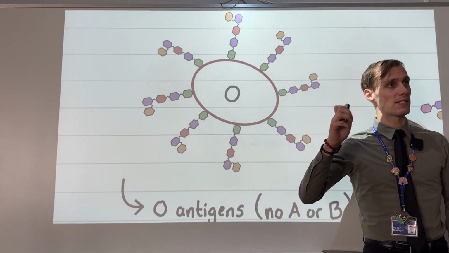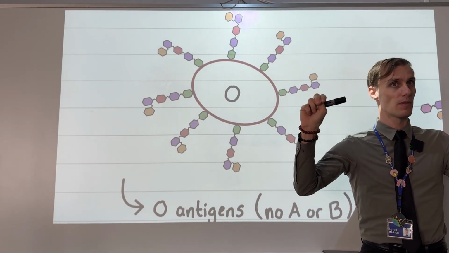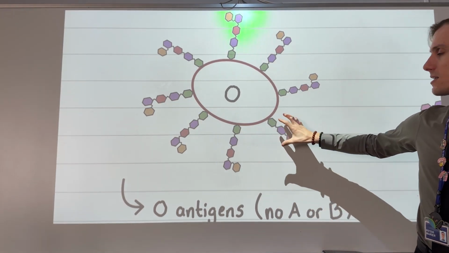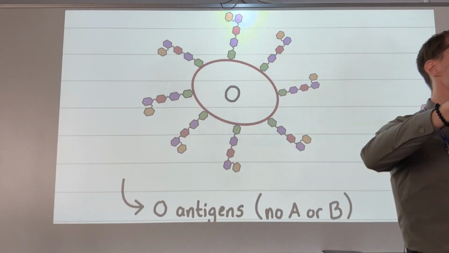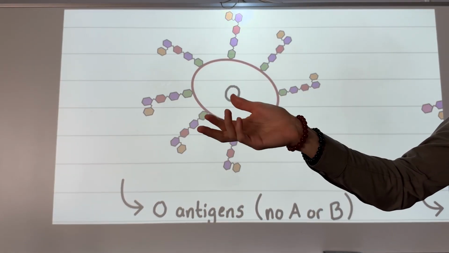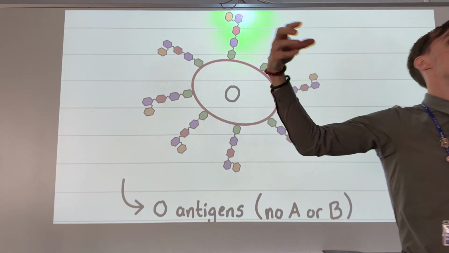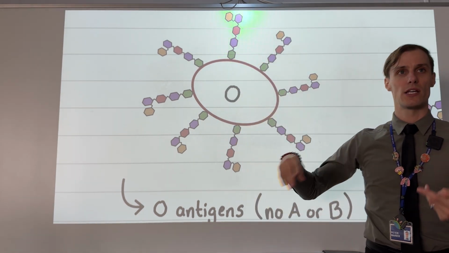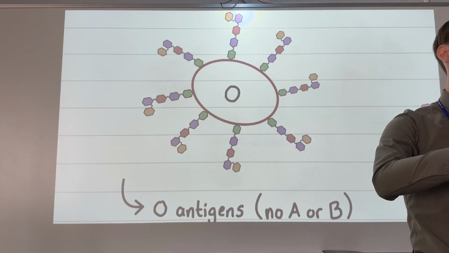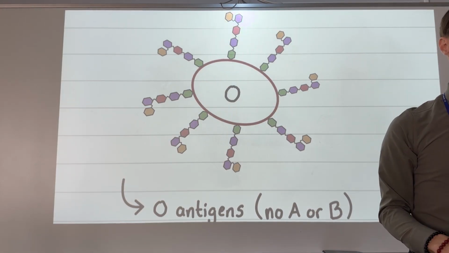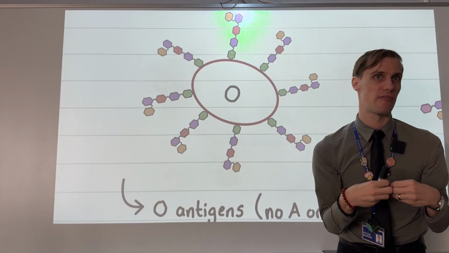So O is sometimes referred to as the universal donor because it doesn't have any antigens that any other group would identify as foreign, right? Remember, the O antigen is basically the base of the A and the B glycoprotein. So it can donate to O, it can donate to A, it can donate to B, it can donate to AB. However, it can only receive from O.